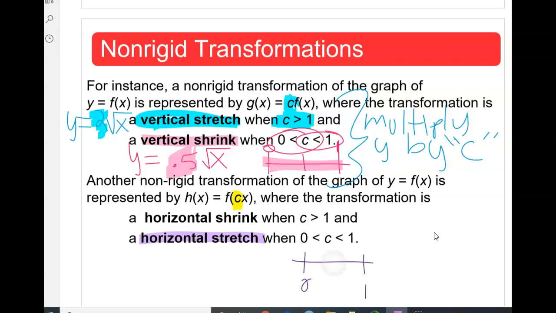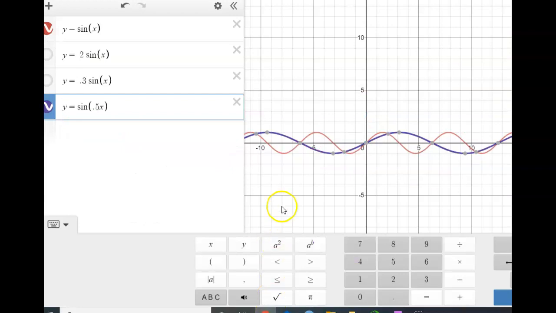And so I chose 0.5 just for simplicity. But of course, any number in between here, open interval, so parentheses, it will work for a horizontal stretch. Less than 1, but greater than 0. Now let's move on to the horizontal shrinking. So for that, we need a constant greater than 1. So let's see how that will look like with our graph.